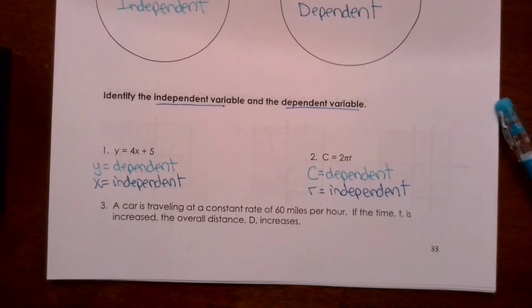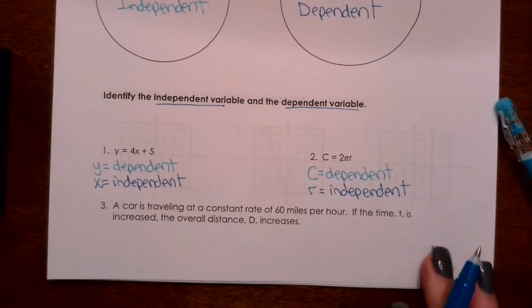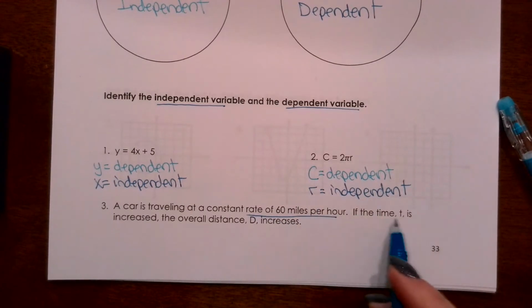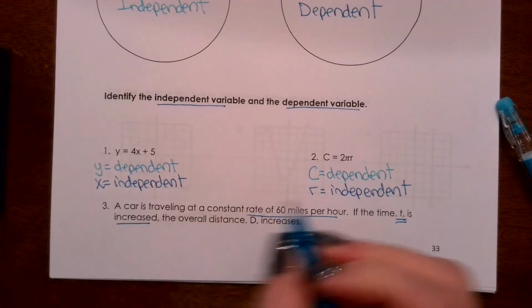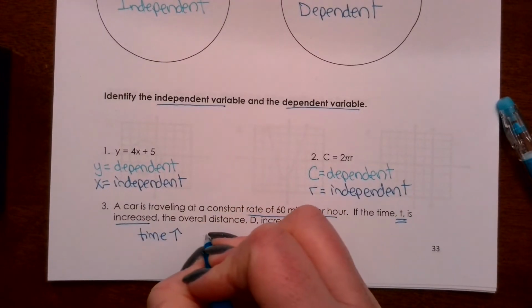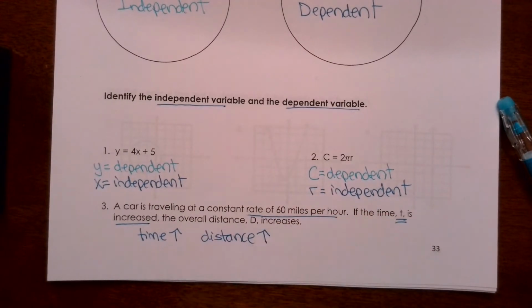Here's a situation. We've got a car traveling at a constant rate of 60 miles per hour. So this is the rate, 60 miles per hour. If the time, t, is increased, so if time goes up, distance also increases. So let's just think about this.